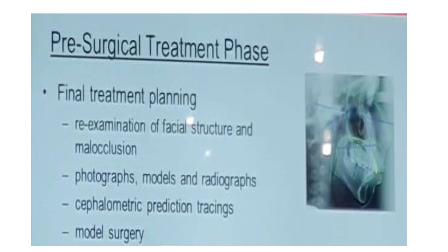And in this final treatment planning there should be re-examination of the facial structures, and from the photographs, models and radiographs, and prediction tracings and model surgery. After all these methods, the re-evaluation is done.